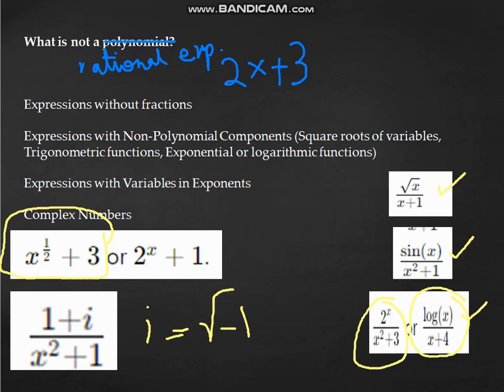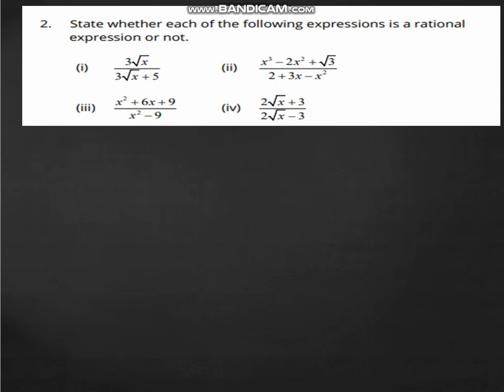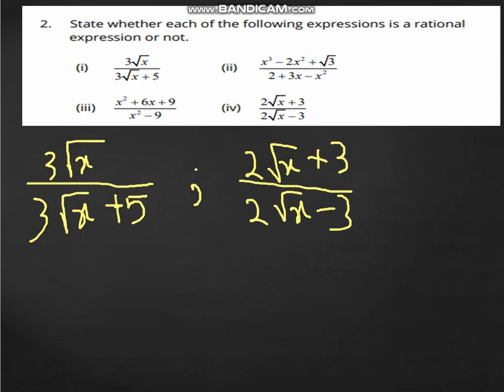Okay, let's check comprehension. Try doing this on your own. Pause the video and do everything on your own, and then we'll see. Okay, so I hope you have figured something out right now.